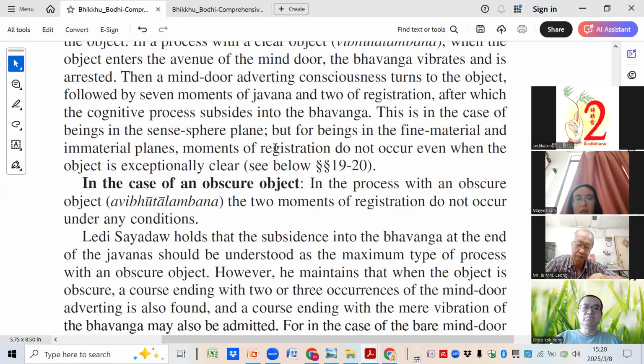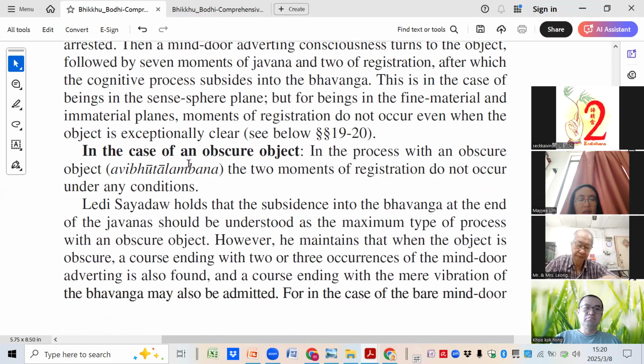This is in the case of beings in the sense sphere plane, but for beings in the fine material and immaterial planes, moments of registration do not occur when the object is exceptionally clear.